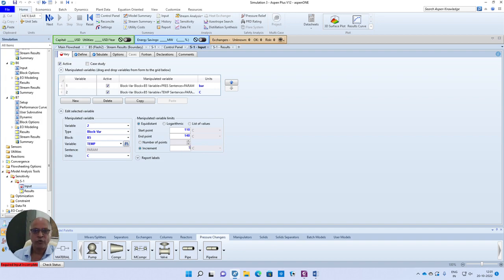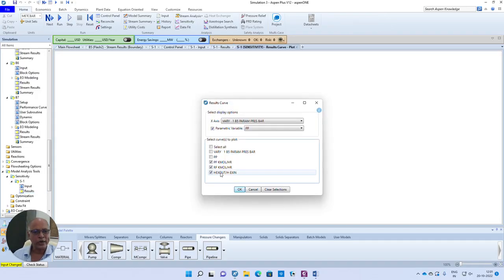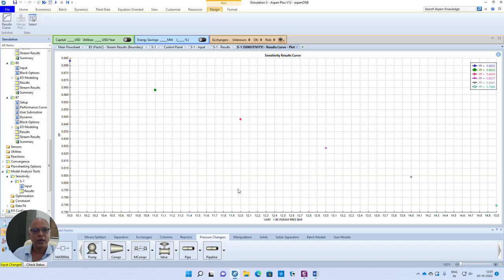Just one second before I run this problem. From the previous results, if you want, you will be in a position to see the results back. You can check, for example, each of them separately or all of them together. So this is how the product purity is varying with pressure. As you keep on increasing, the mole fraction of one hexene in the product is coming down.